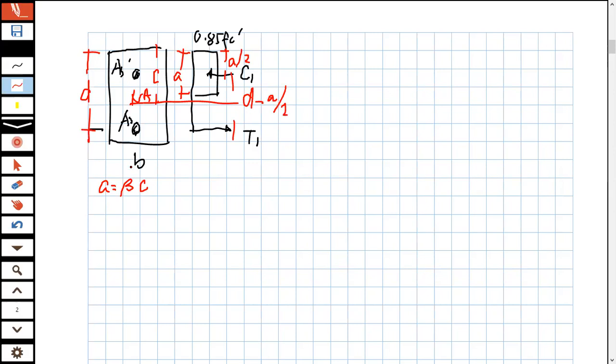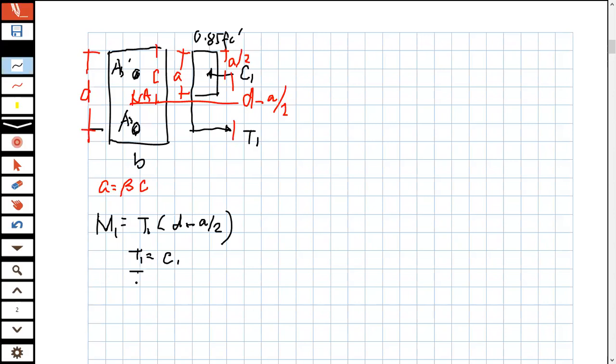So what is M1? M1 is just equal to this moment, either C1 or T1. So you can use T1 times the moment arm, d minus a over 2, for we know that T1 is equal to C1.